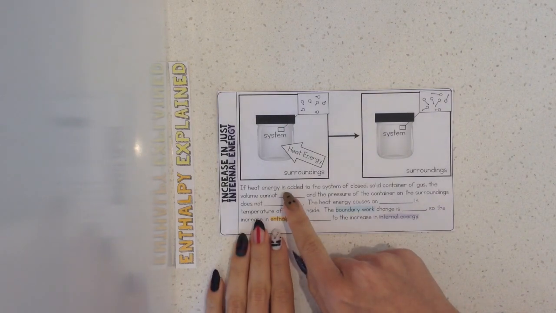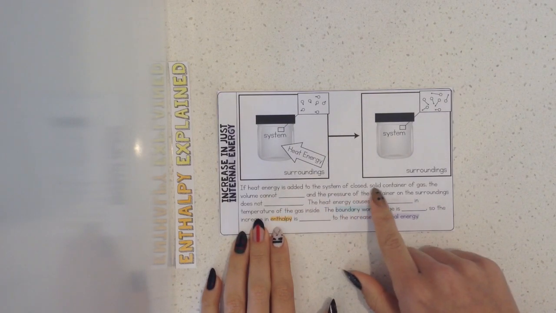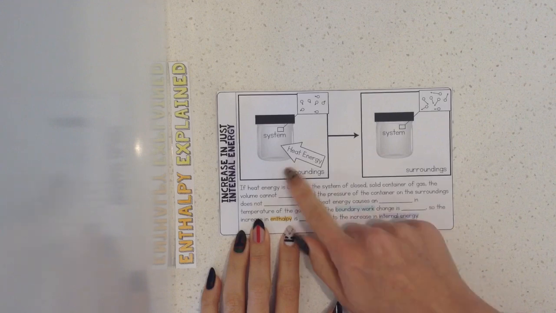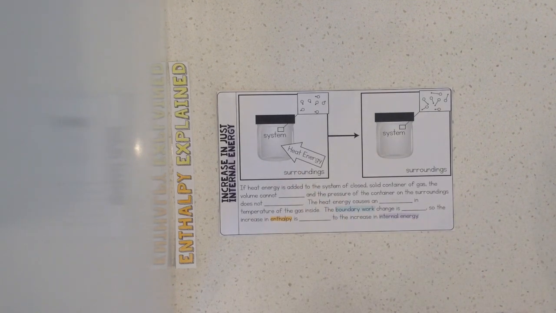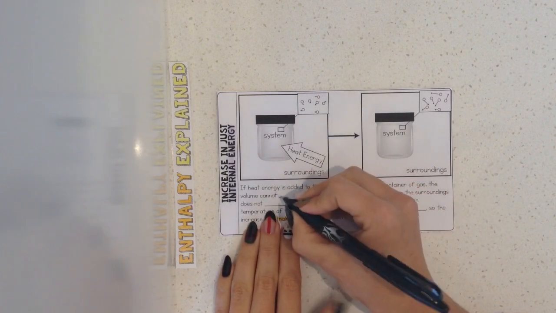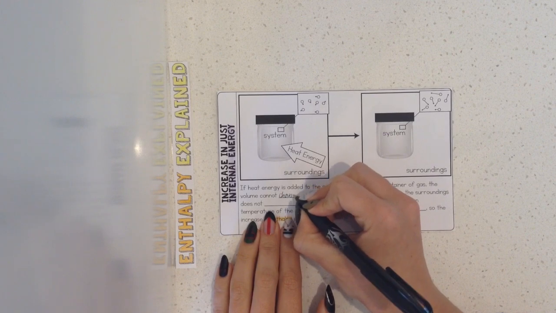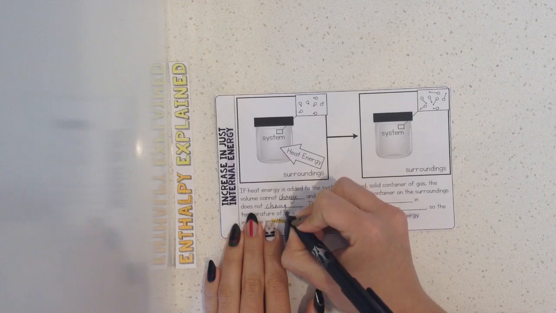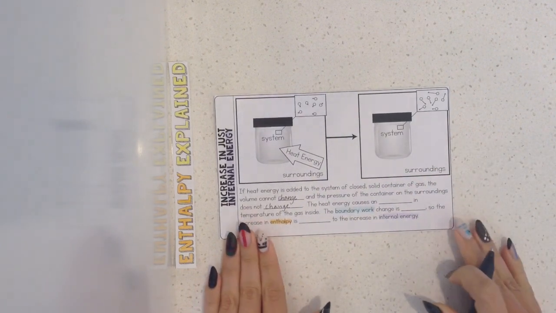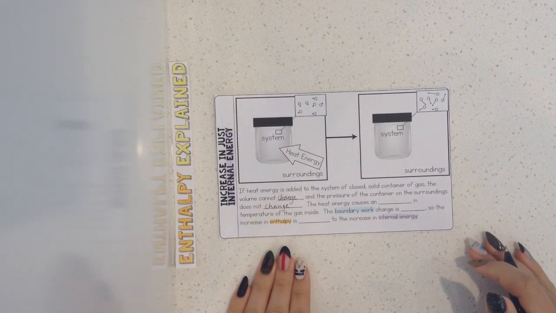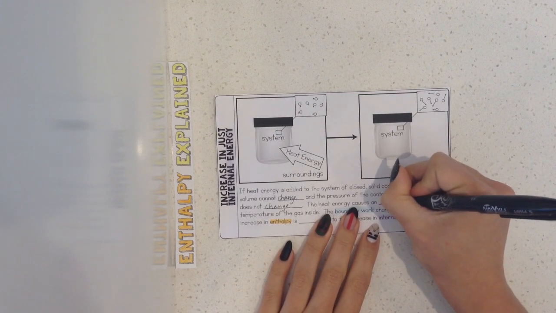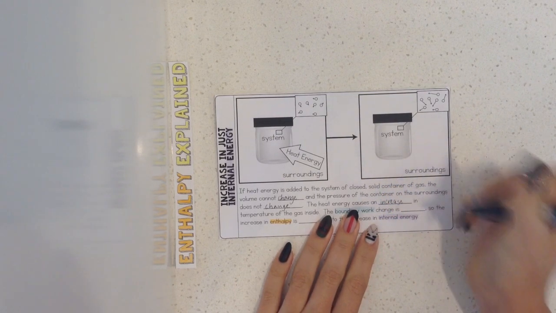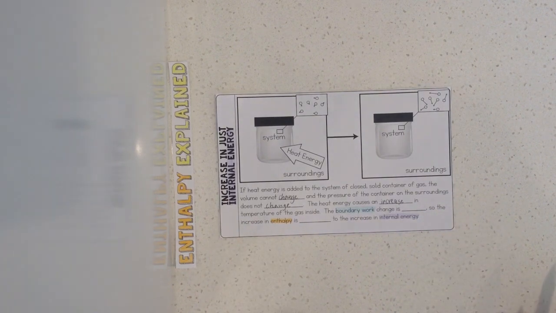If heat energy is added to the system of a closed solid container of gas, the volume cannot change, and the pressure of the container on the surroundings does not change. The heat causes an increase in temperature of the gas inside.